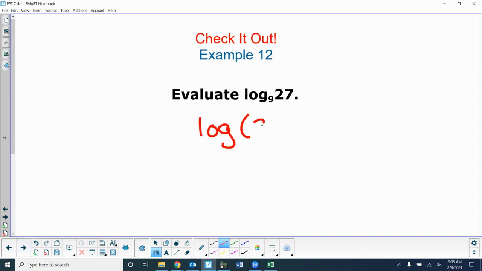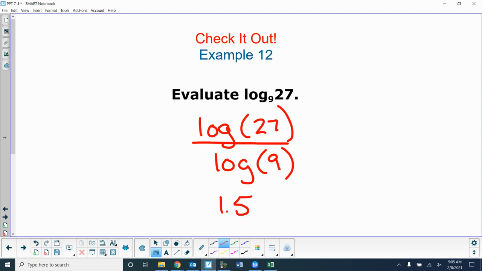Log of 27 over log of 9. Should be 1.5. Get that? 1.5? Okay? So it's that quick and easy now.